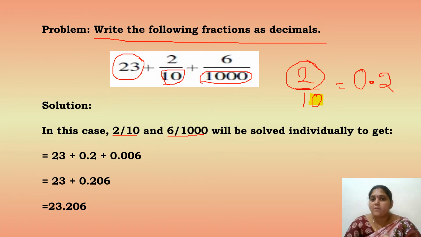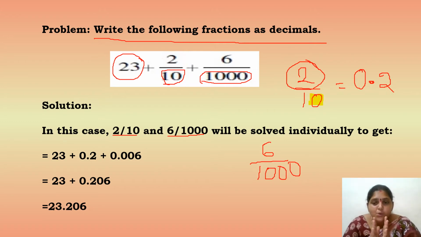In the same way we have to convert 6 by 1000 also. Just as we converted 2 by 10, observe how many zeros are there in the denominator.